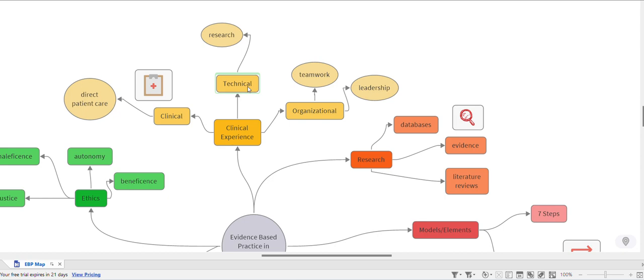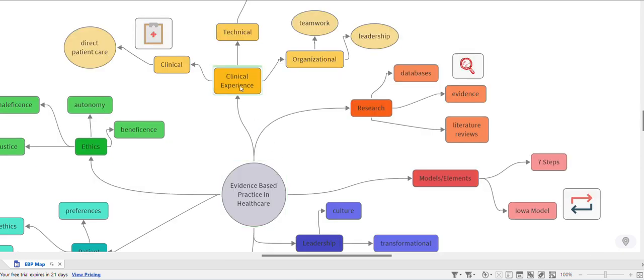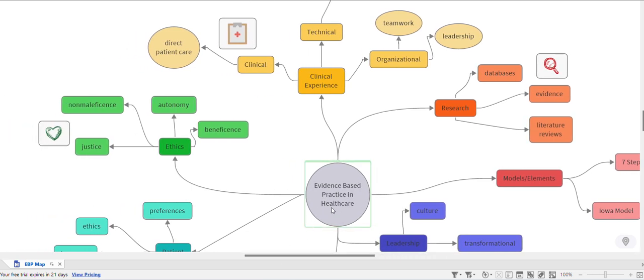Technical skills are related to knowledge and skills related to your research, and how well you're able to validate and check the reliability of research. And your organizational skills, that is going to be your teamwork and your leadership and decision-making skills. So all of these make up clinical experience, and clinical experience you want to have in order to effectively put evidence-based practice into healthcare.